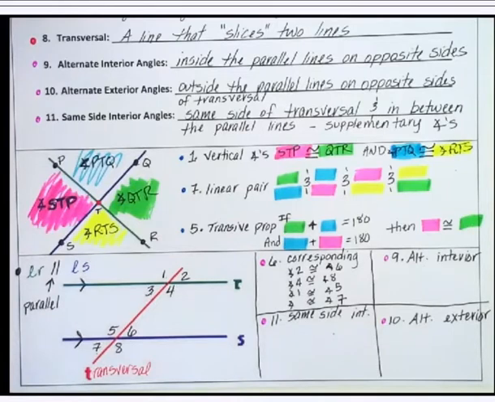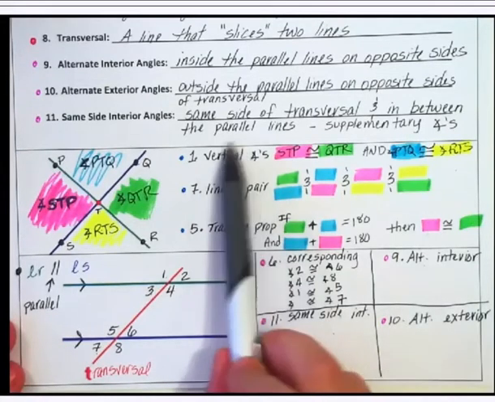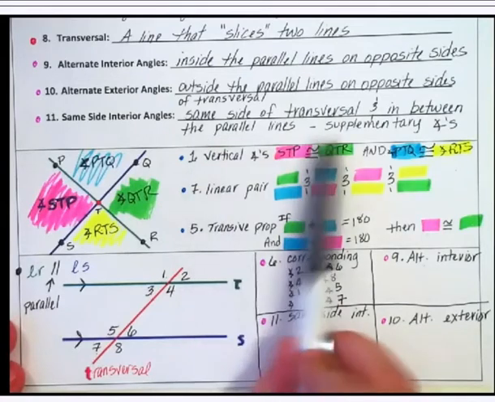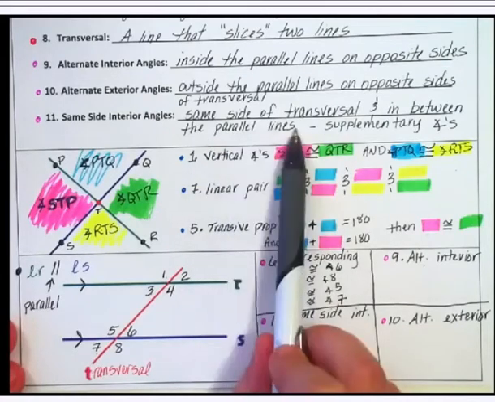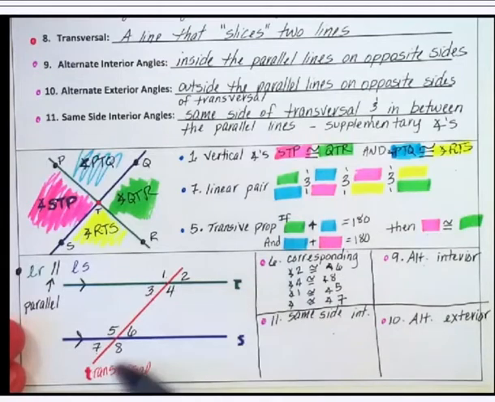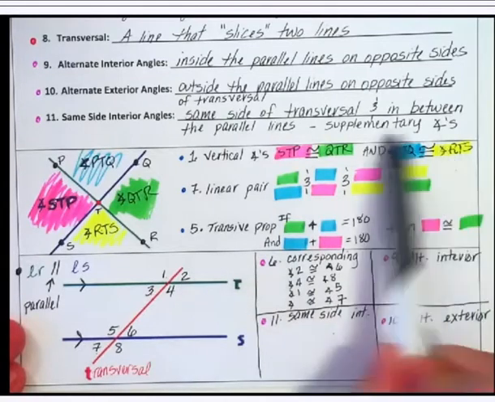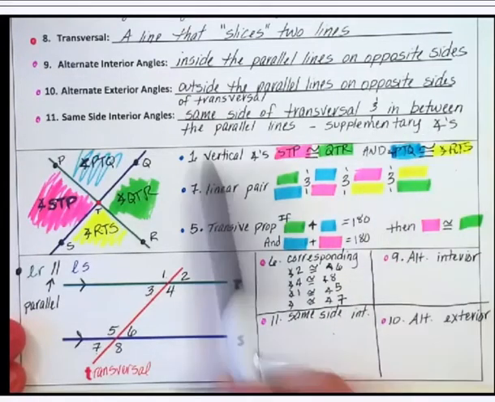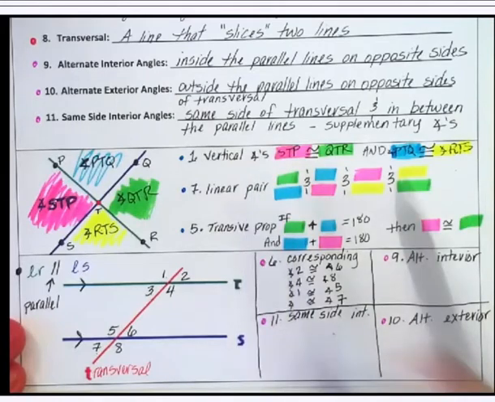Let's look at same side interior angles. Same side interior angles, this is the bottom vocab here. It is on the same side of the transversal, so still on the same side, but they are in between the parallel lines.